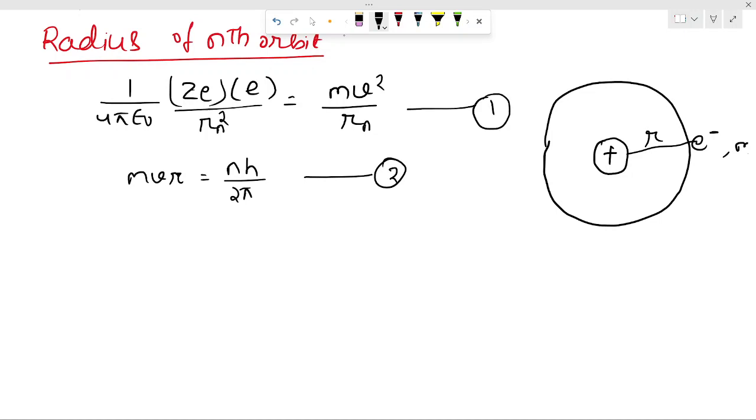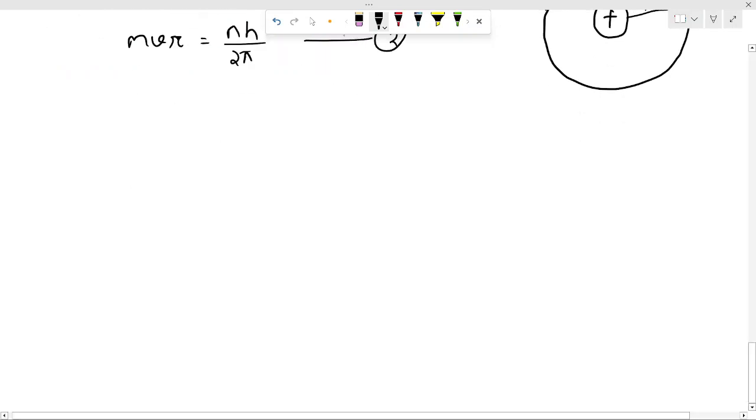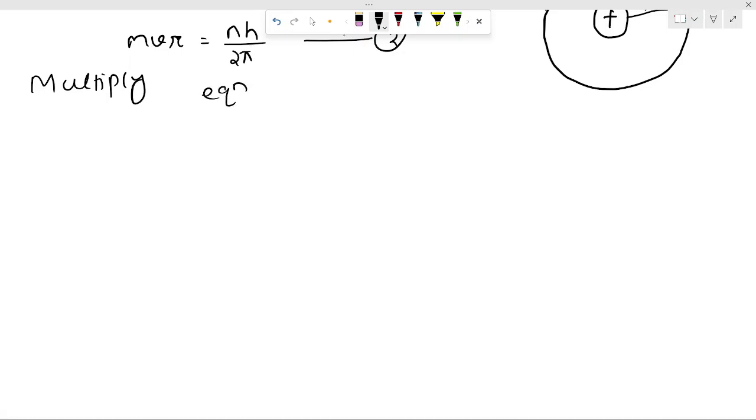Okay, let's see. Now multiply equation 1 by m rn square.